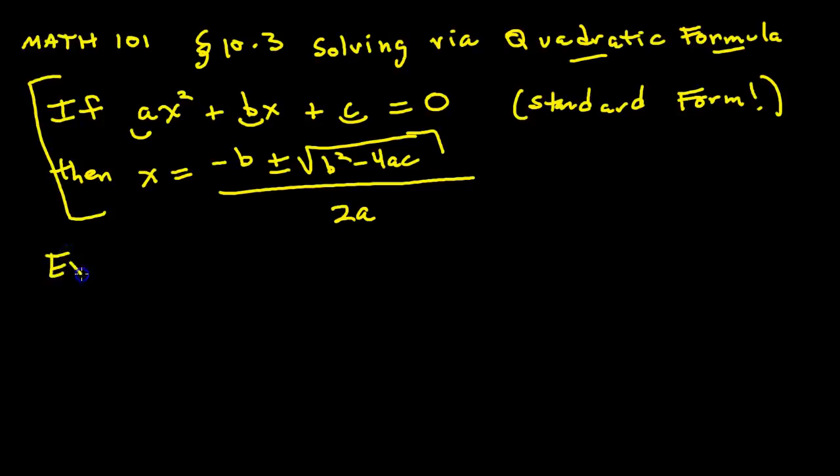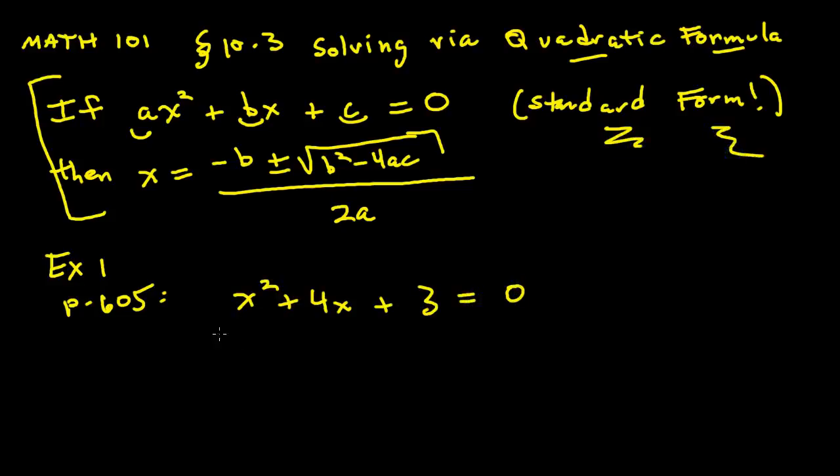I'll do example 1 on page 605. It says, use the quadratic formula to solve the equation x squared plus 4x plus 3 equals 0. We can see this equation is already in standard form, namely terms are arranged in decreasing degree on the left and equal to 0 on the right.